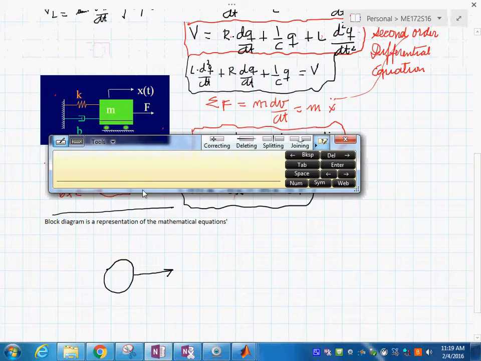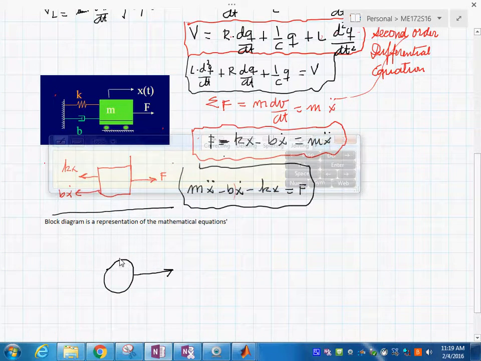Okay, I'm looking at the electrical equation. This is the input here.